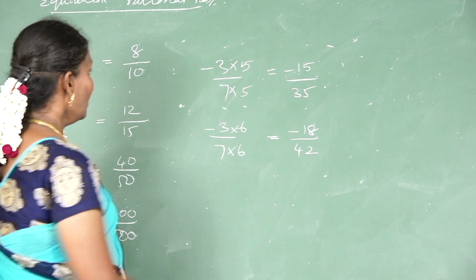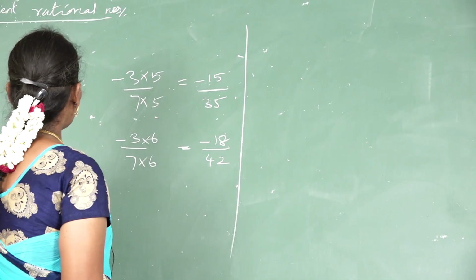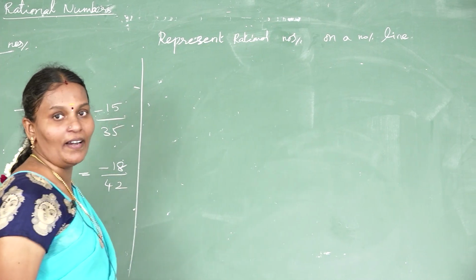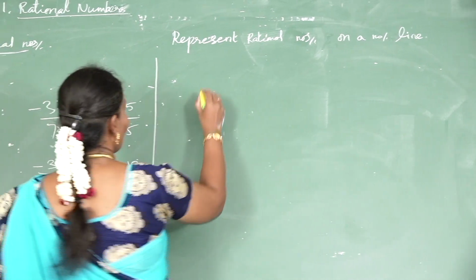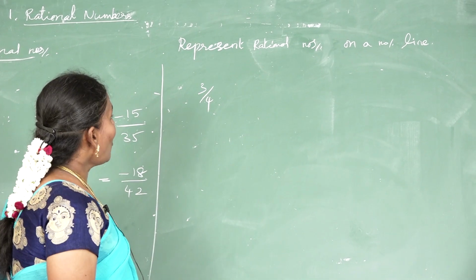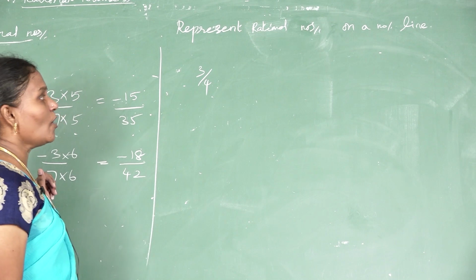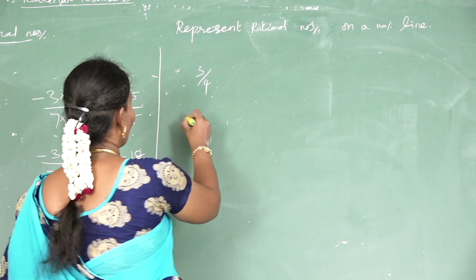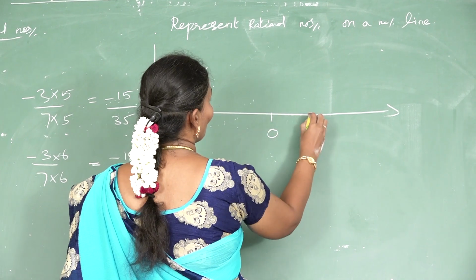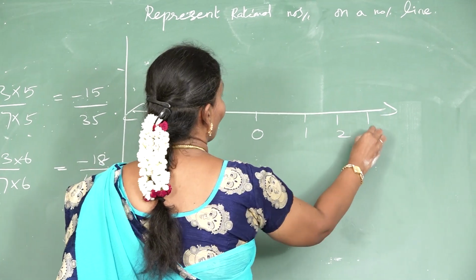Good. Now, you see the next heading, represent rational numbers on a number line. Okay. You consider a rational number 3 by 4. So, how do you represent this 3 by 4 on a number line? Now, you see. So, you draw a number line 0, 1, 2, 3.